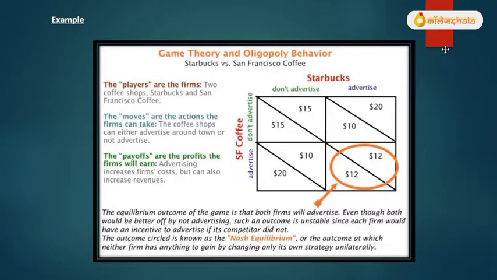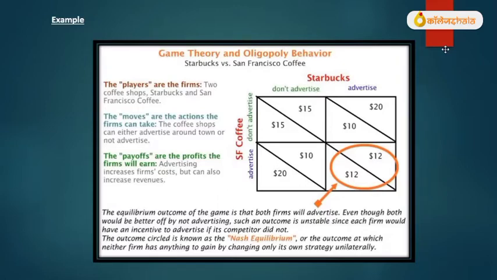Similarly, if we start again from the beginning and the roles are exactly opposite, suppose SF Coffee is thinking about advertisement. Suppose SF Coffee is thinking, if I do advertisement, I can get more dollars. I can get $20 instead of $15. So I can earn more.